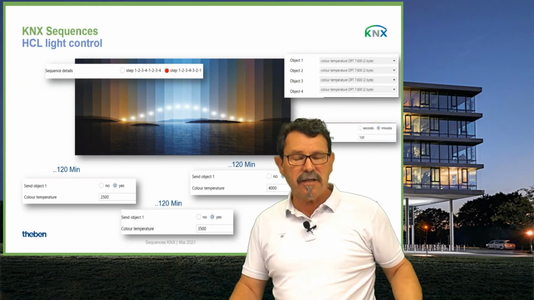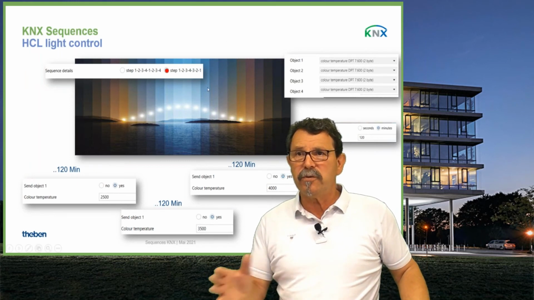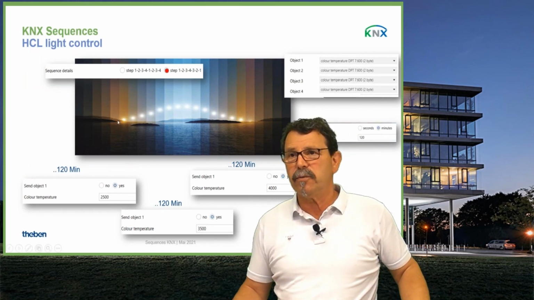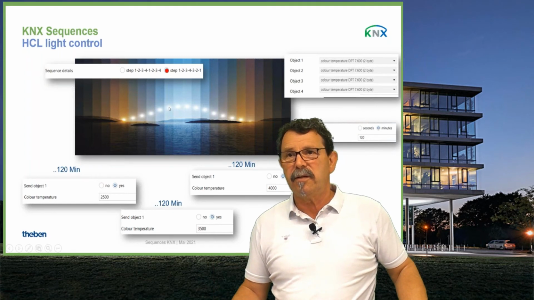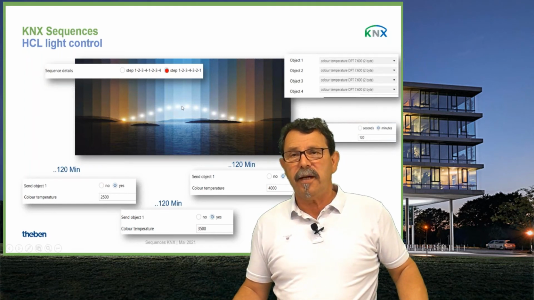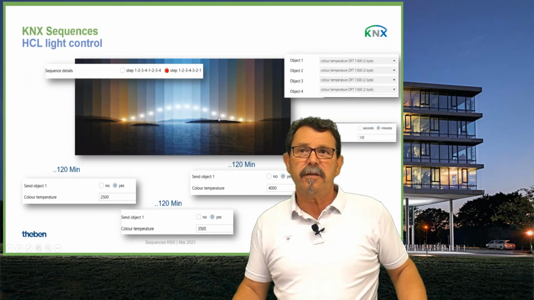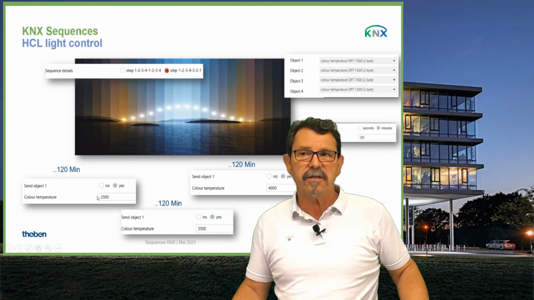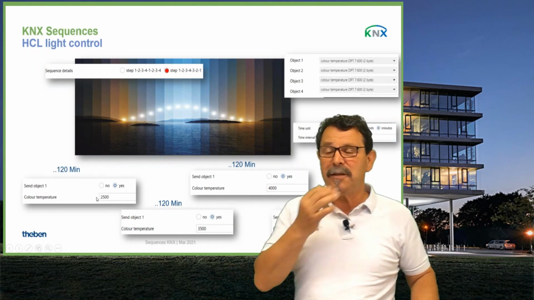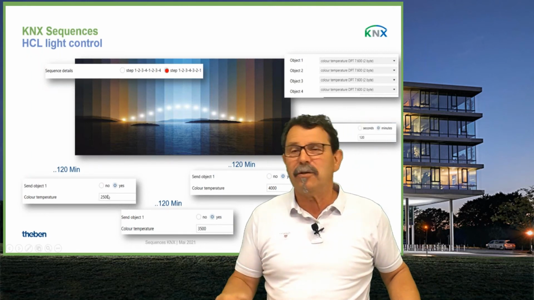But in this case, we need 1, 2, 3, 4, 3, 2, 1, because we start 1, 2, 3, 4 in the noontime, then we count down 3, 2, 1, because we want to give this low color temperature again at the end of the day.